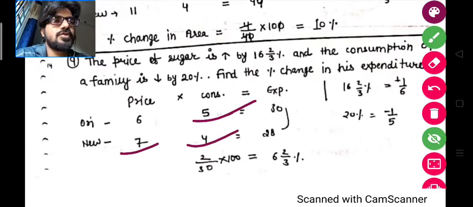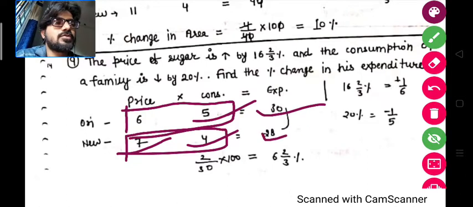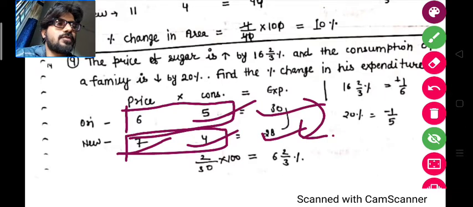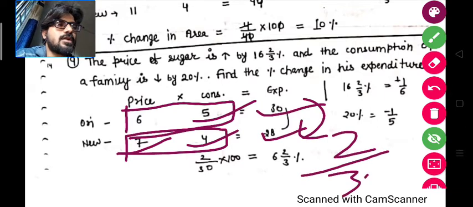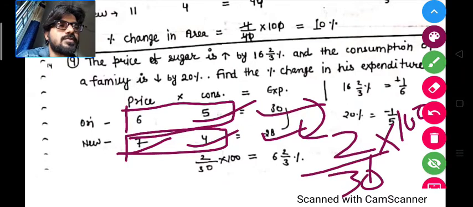So the original expenditure was 6 into 5, 30, and the new expenditure is 7 into 4, 28. So there is a decrease in the expenditure by 2. So you have 2 by the original expenditure 30, multiplied by 100 to change it to percent.